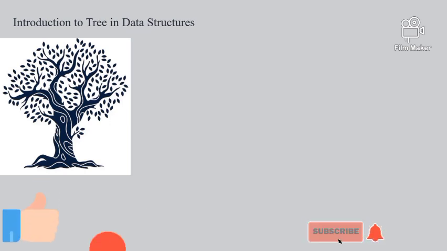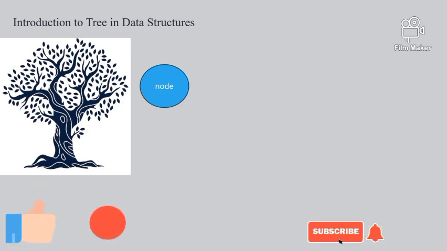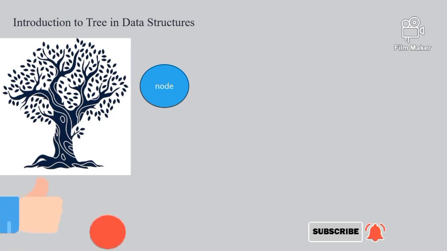For that sake we want to study trees, and the terminology related to the data structure. This tree is a non-linear data structure. Before that, what is a node? We have seen it in linked list representation as well as linear representation.